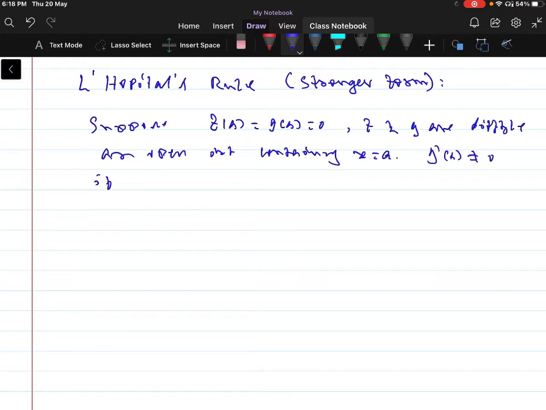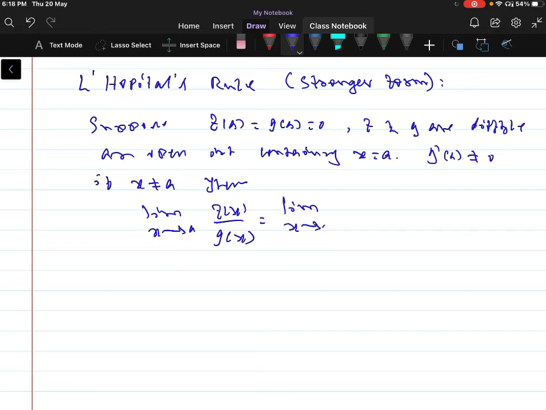If x is not equal to a, then limit as x tends to a of f of x by g of x is equal to limit as x tends to a of f dash of x by g dash of x.